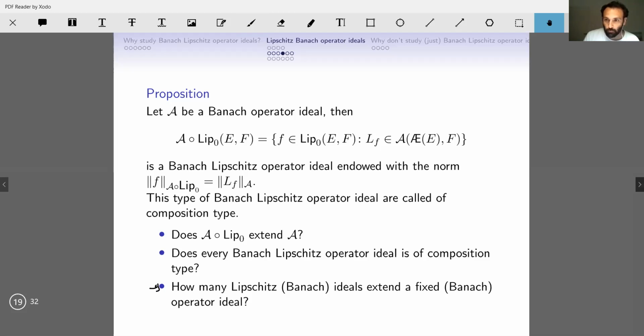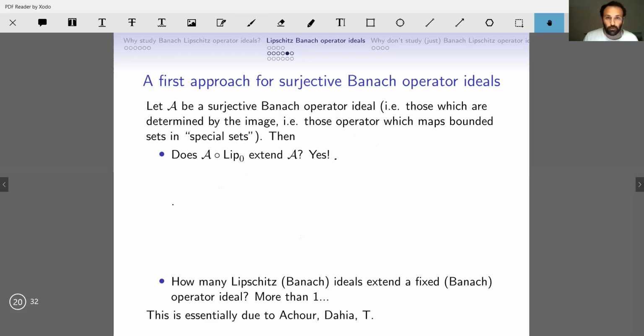Our first approach to these questions is using surjective Banach operator ideals. Which are the surjective Banach linear operator ideals? Well, they are all ideals which are determined by the image of the operator. Examples of surjective Banach operator ideals are the compact operator ideal, the weakly compact, and there are a lot more. So if A is a surjective Banach operator ideal, then A composed with Lip0 extends A, yes.